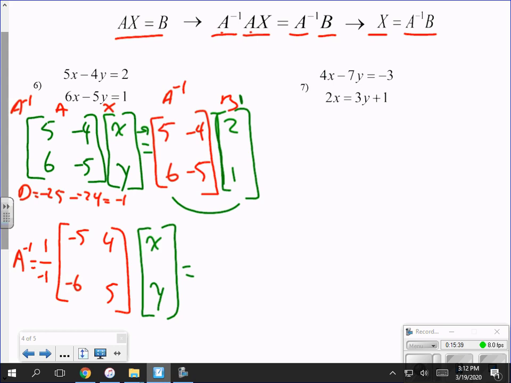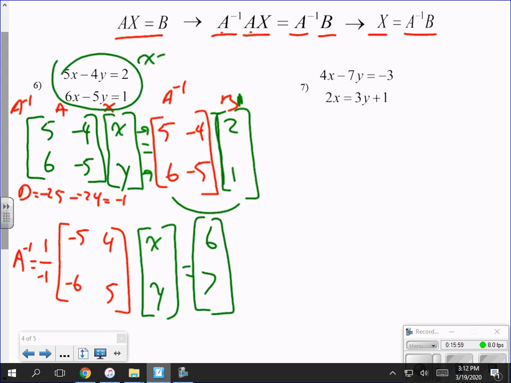So I do 5 and negative 4 times 2 and 1. So I end up with 10 minus 4. I get 6. And then I do this row times this column. 6 and negative 5 times 2 and 1. 6 times 2 is 12, minus 5 is 7. So that means my solution to this is x equals 6, y equals 7.